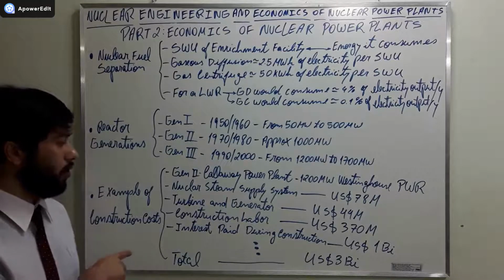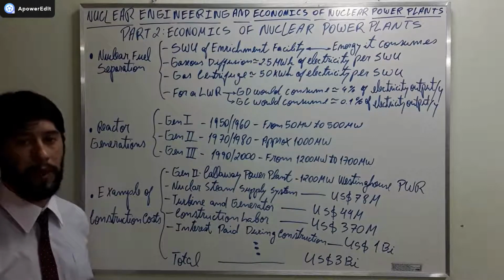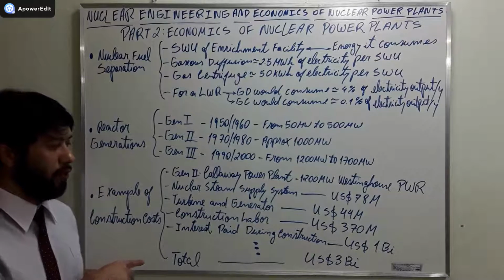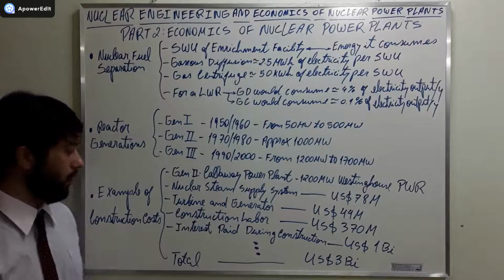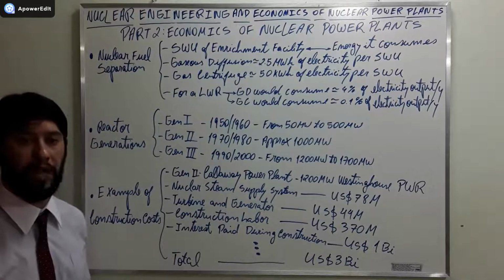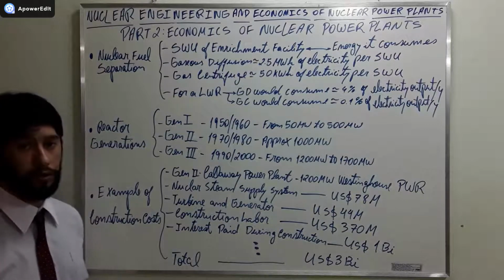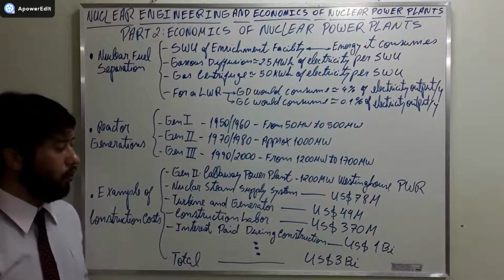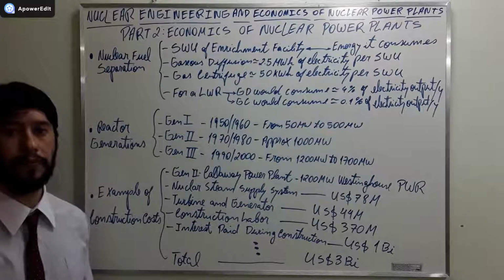The cost of the turbine and the generator was 44 million American dollars. The cost of construction labor was 370 million American dollars, and the interest paid during construction was 1 billion American dollars. And the total cost of construction for this reactor was 3 billion American dollars.